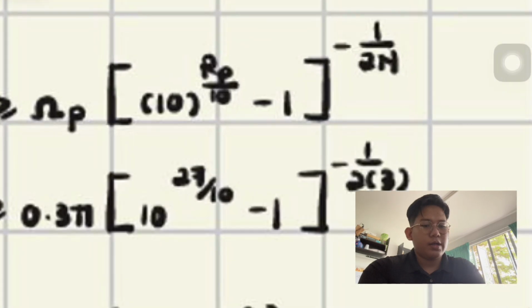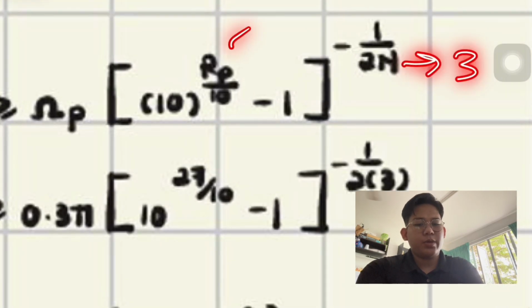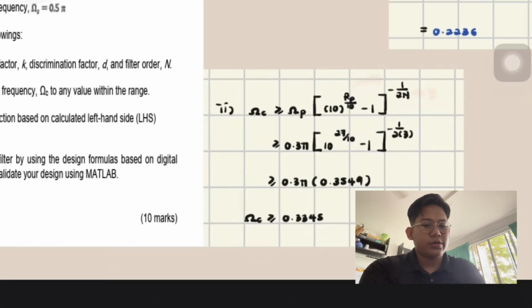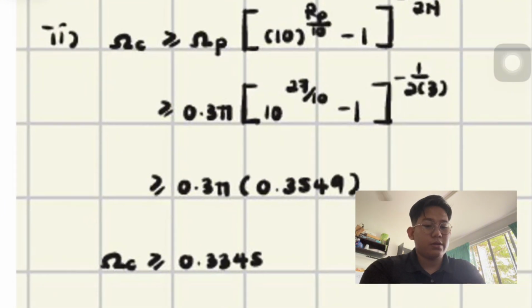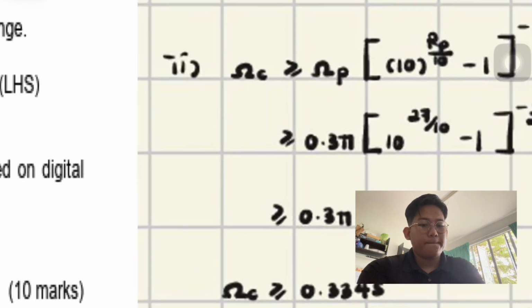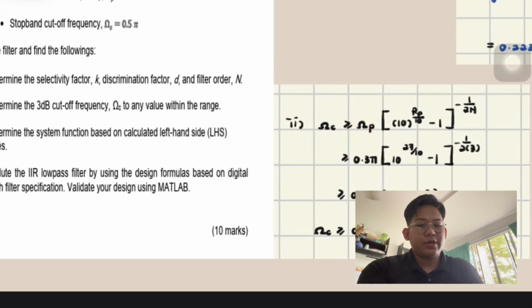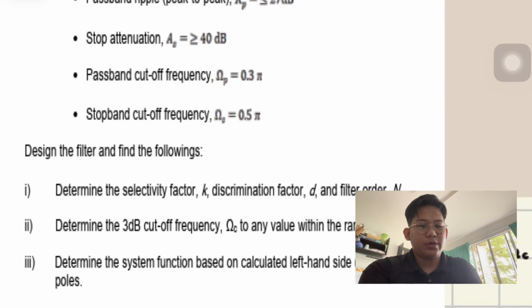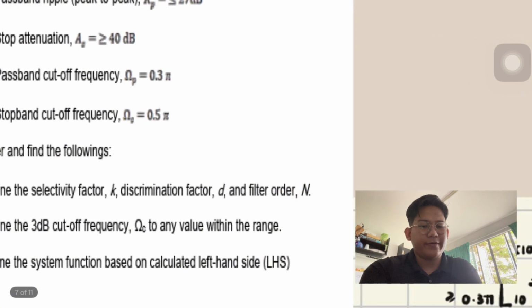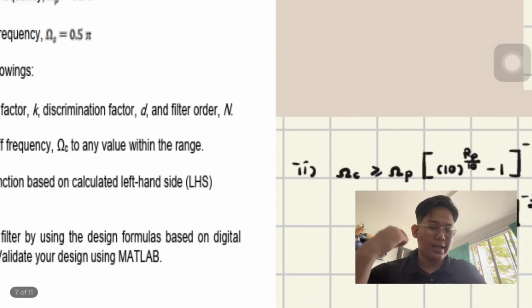And we got n equals 3, and Rp we got 27. Omega P was also given from the question, which is 0.3 pi.